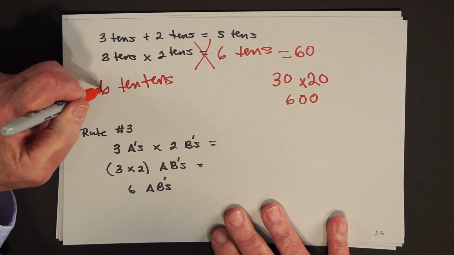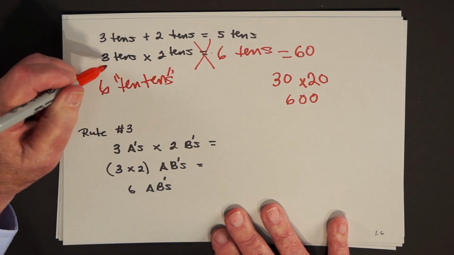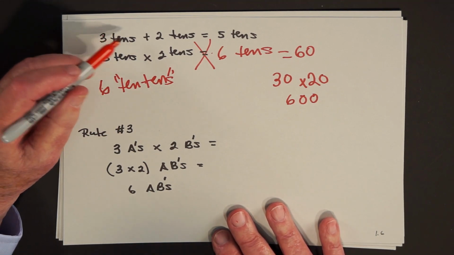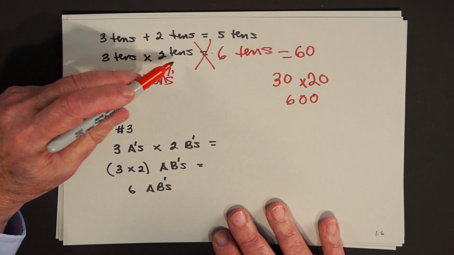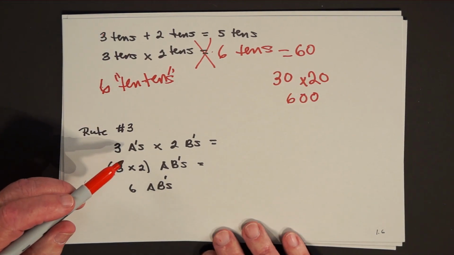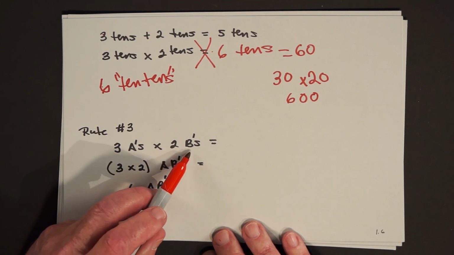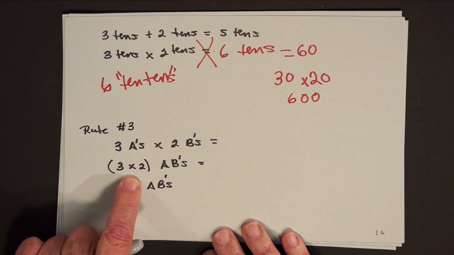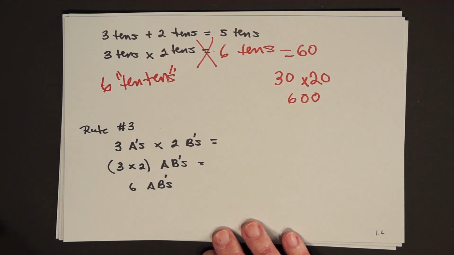Looks funny. 6 ten tens, see? Now what's ten tens? It's 100. In other words, if you multiply the adjectives and multiply the nouns, you get the correct answer. The rule would be stated as, if A and B represent any units, 3 A's times 2 B's would be 6 AB's, whatever that happens to be.